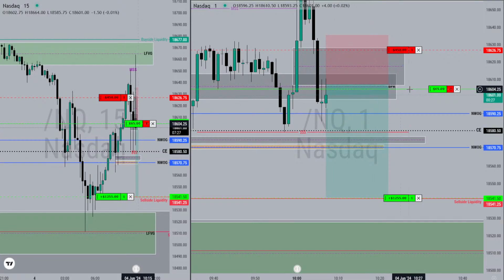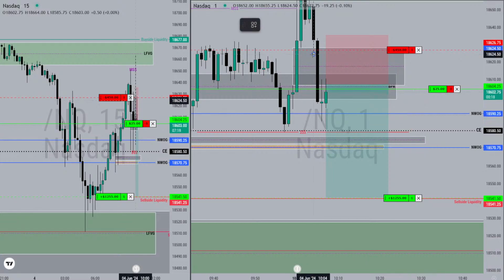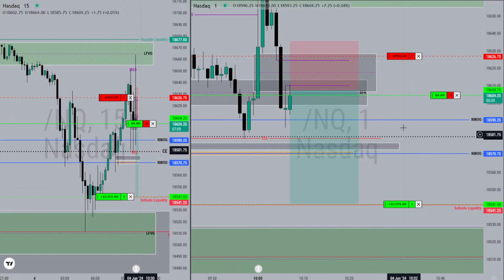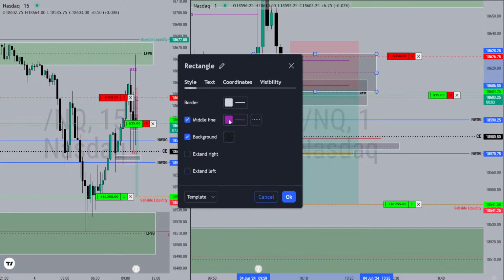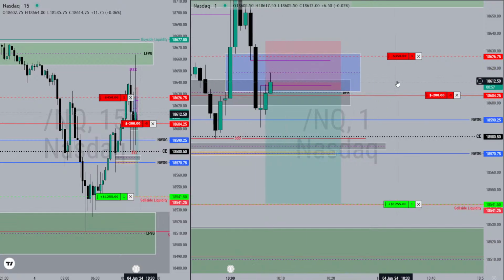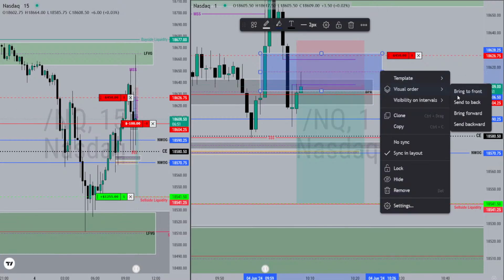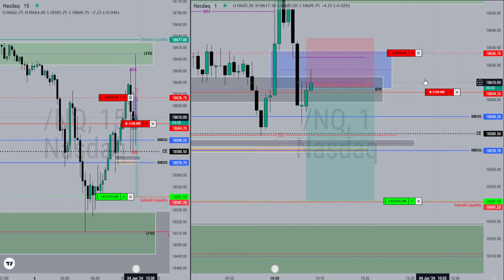Here, when market will reach below this low, if anyone took that entry, you have to take the partial. It should not close above the consequent encroachment of that inversion fair value gap.